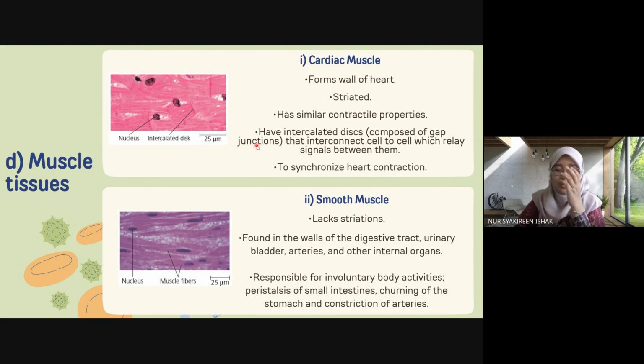This is where we can find the gap junctions between the cardiac muscle cells. Gap junctions allow ions to quickly pass from one cell to another cell, which helps speed up the electrical impulse.